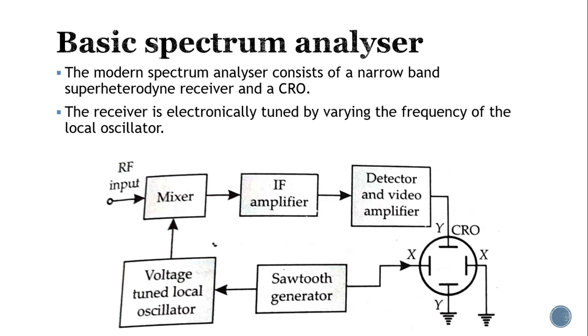So basically, what is your CRO doing? Your CRO is giving you a display. You can find the display of any signal with respect to time; usually it's with respect to time. Now here we are converting it into terms of frequency.